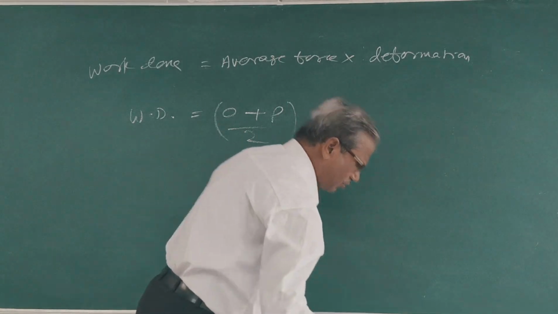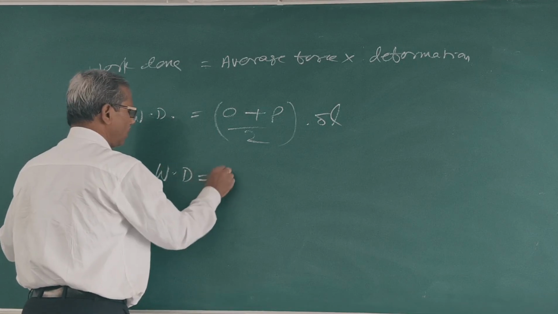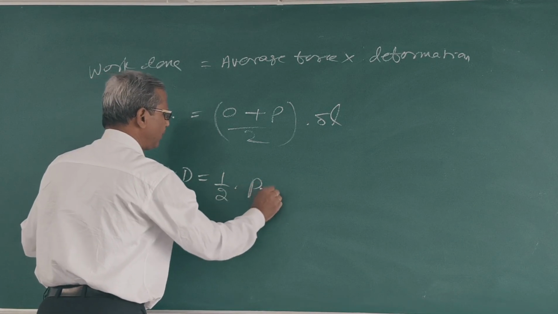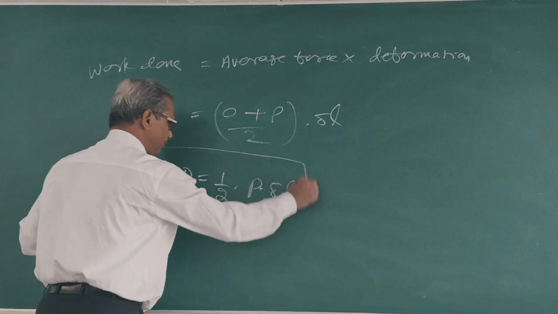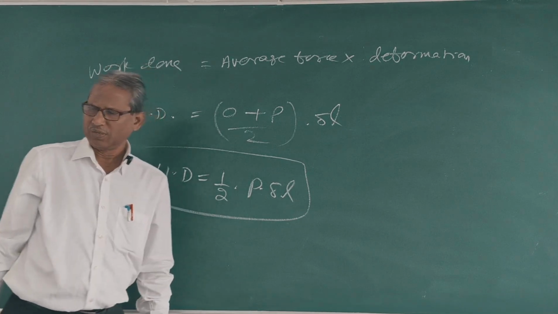So work done is equal to half P into delta L. Clear?